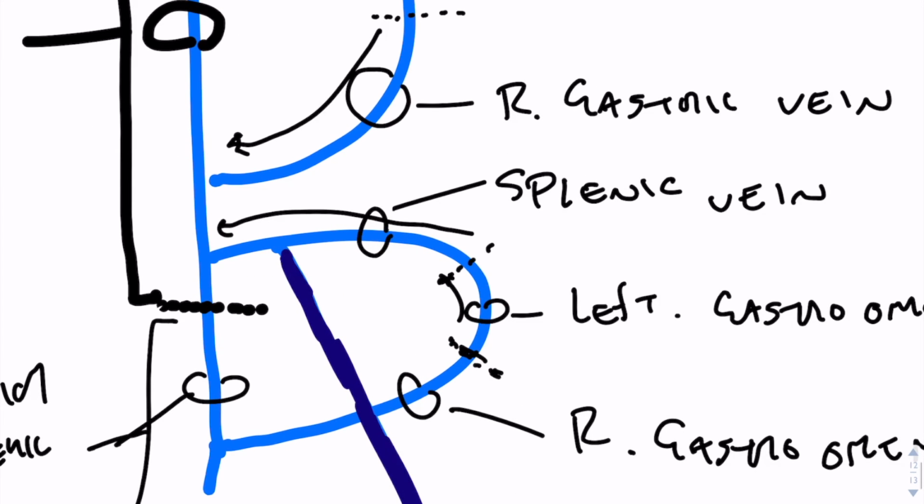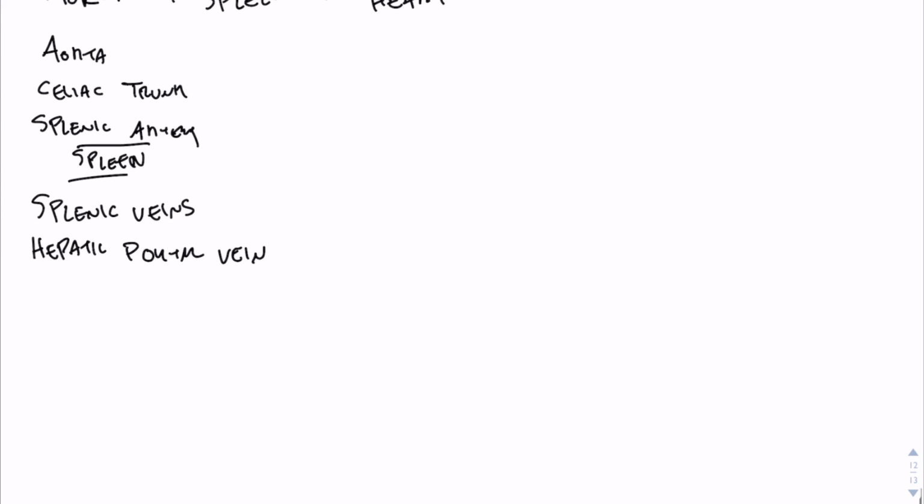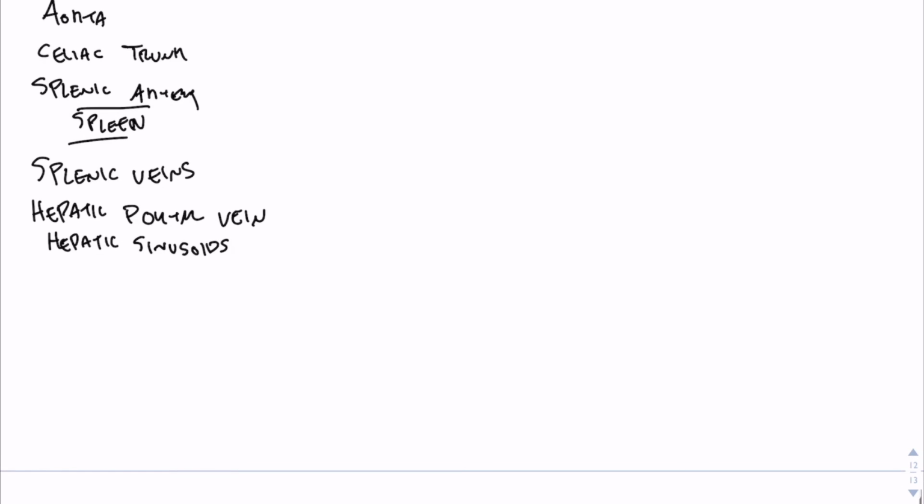There's the splenic vein going into the hepatic portal vein right there. The hepatic portal vein goes into the liver, and now it's called the hepatic sinusoids. And then we're draining those sinusoids via the hepatic vein, which goes into the inferior vena cava, and then we'd be in the right atrium.